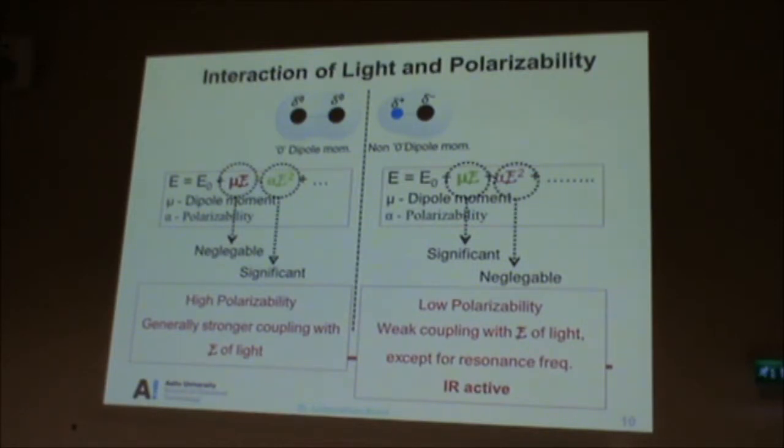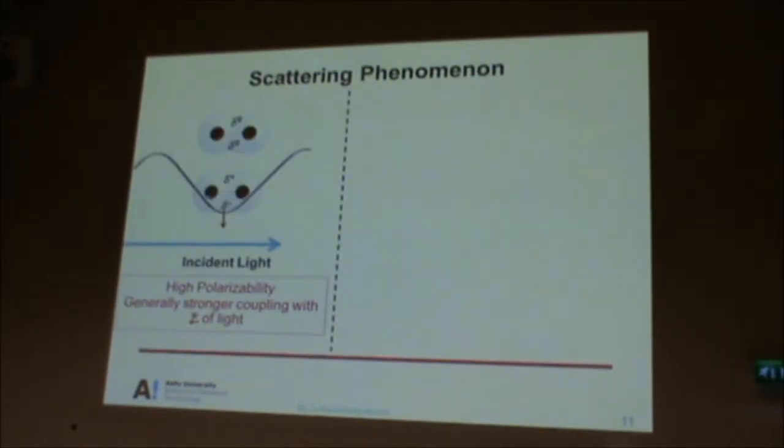That's the only exception where it doesn't matter what the polarizability is, the light will interact. If you're talking in general about any wavelength of light interacting with matter, then the parameter that is most important is the polarizability.